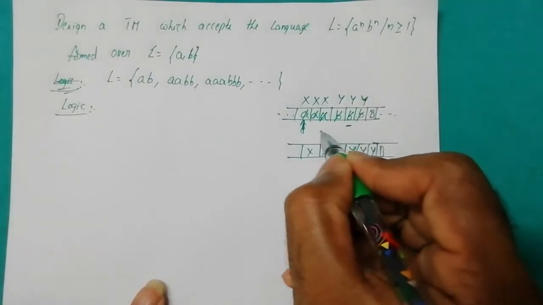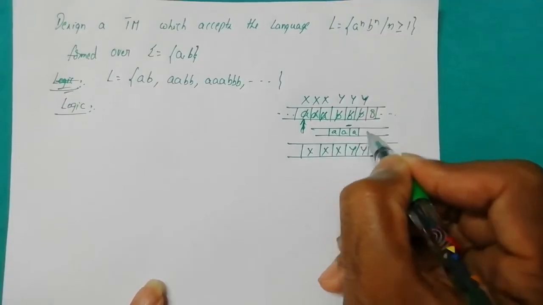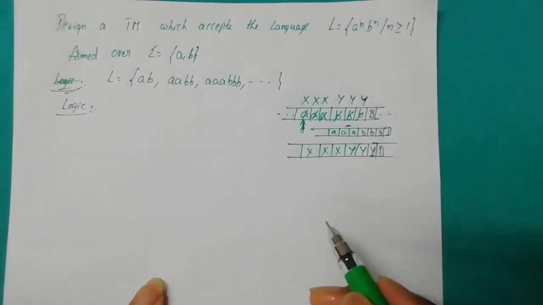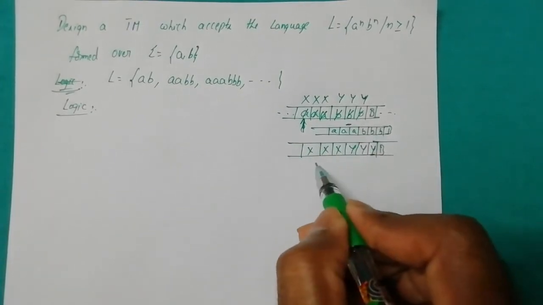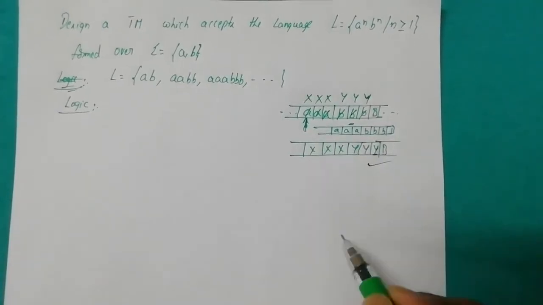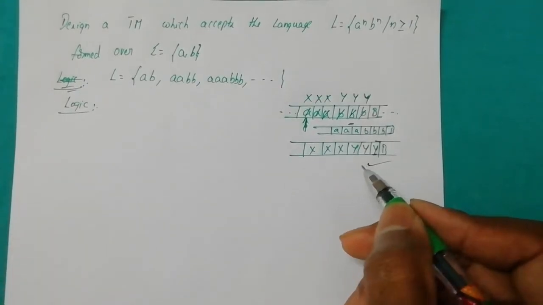If the input string provided is A, A, A, B, B, B, and we convert A's into X and B's into Y, and the final tape looks like this, then the string is said to be accepted because there are no leftovers like A's or B's.